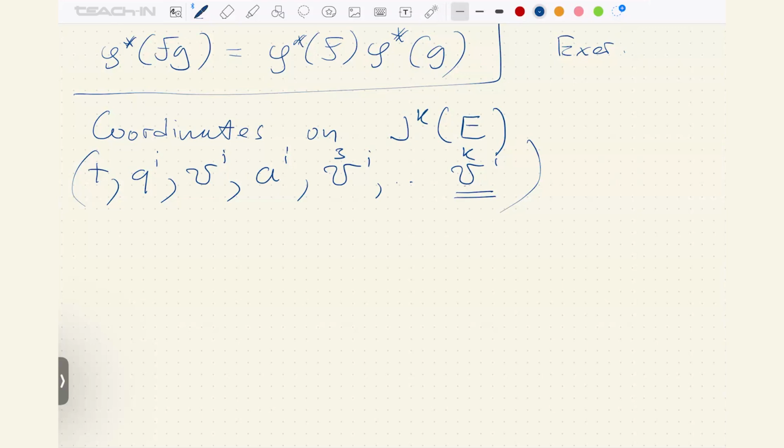And now it starts to look precisely like what we had when we talked about Lagrangians, right? For instance, we said that our Lagrangian function is a function here, and this is precisely J1 of E. And this v can be thought of as coordinates on the tangent bundle. But the analogy stops here.